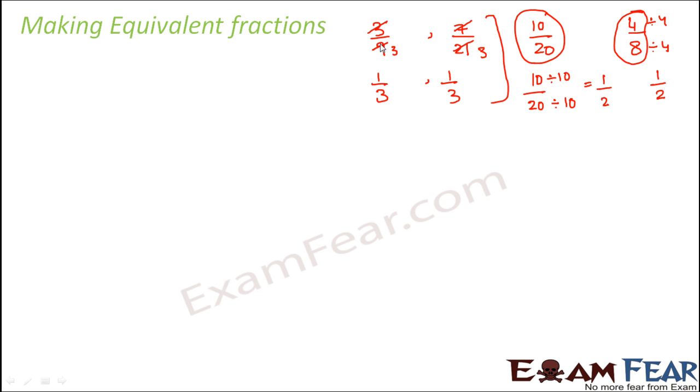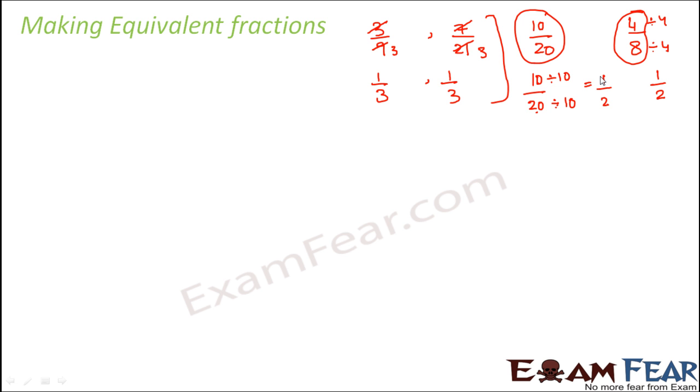How am I cancelling? Are you able to understand that? It's the same thing, like dividing the numerator and the denominator by the HCF of the numerator and denominator. So you find out the HCF of 10 and 20 and then divide both numerator and denominator by the HCF.